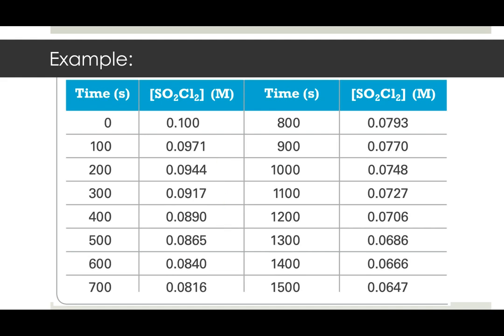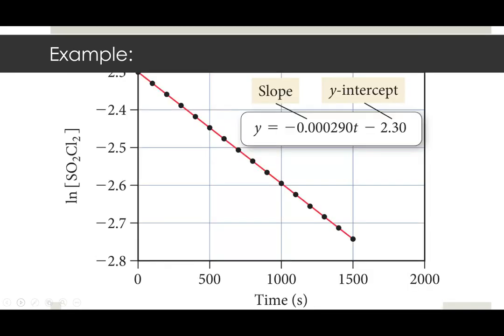So that's nothing surprising. Okay. Then I take this data and I throw it into a graph. So instead of looking at the concentration, I would look at the natural log of the concentration, and I would throw that number into my Excel data sheet, and I would plot time versus the natural log of the concentration.